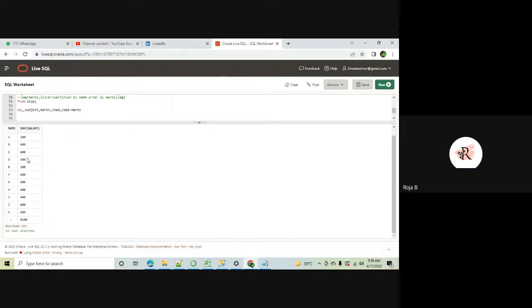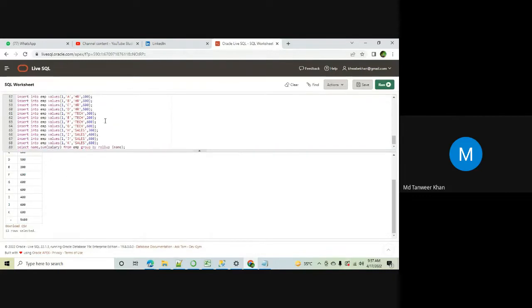So here you can see the salary of each and every employee, and at the same time the total salary you are giving to all the employees. This is possible with the help of roll-up.